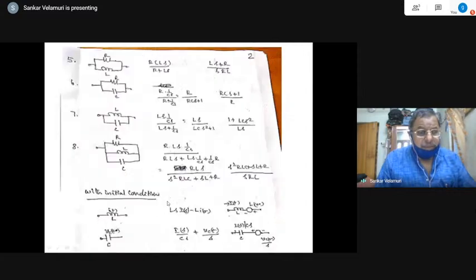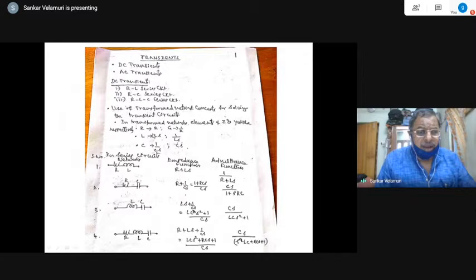So now this is the transform. The basic concept here is that only R is unchanged with respect to the transform network parameters. That is, V of s is equal to R into I of s only. L gets transformed to Ls, so V of s will be equal to Ls into I of s, across the inductance. Similarly, Vc of s is equal to 1 over Cs into I of s.